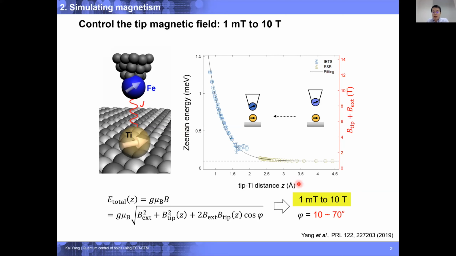From that, we can obtain that the amplitude of this tip magnetic field can vary between 1 millitesla and 10 Tesla. So this is over 4 orders of magnitude. We can also know that the angle of the tip moment can vary between 10 to 70 degrees with respect to the external field. So here, the highly tunable tip magnetic field gives us an additional control knob to control the coupled states of the surface spins.